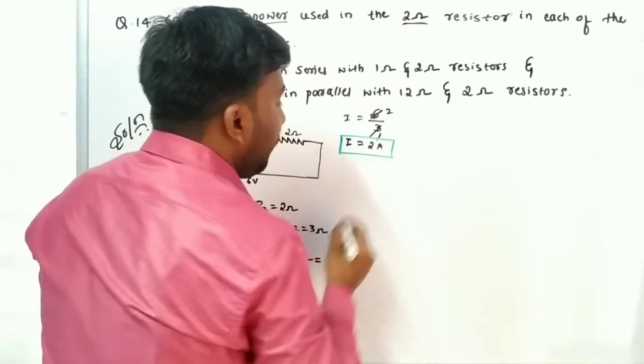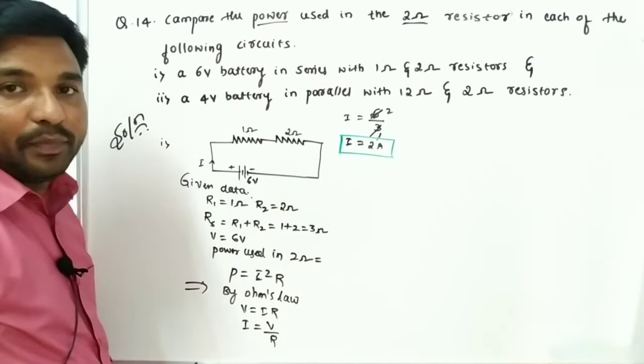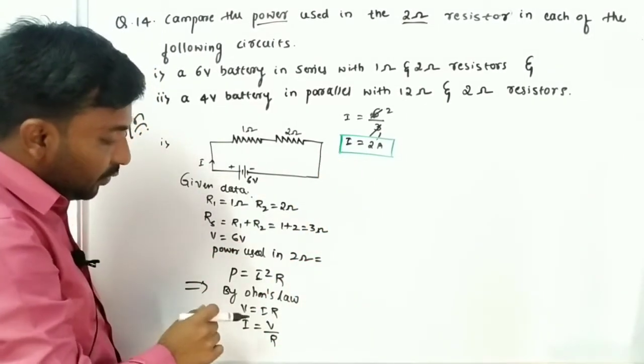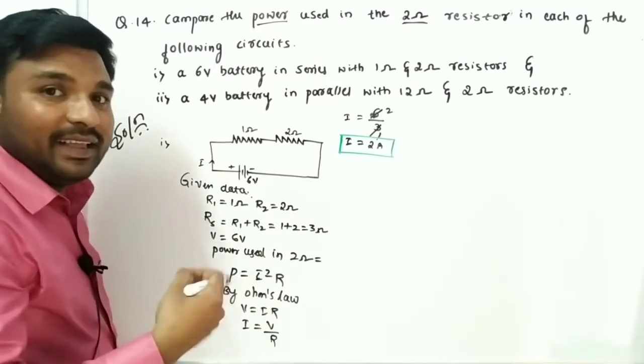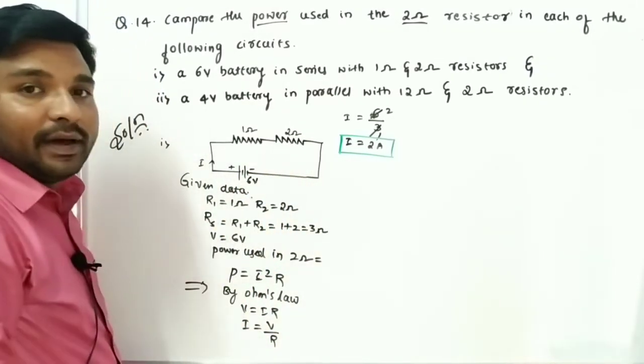So the current flowing in the circuit is 2 ampere. Now here we know current and we know the resistance, so we can easily calculate the power used in 2 ohm resistor.